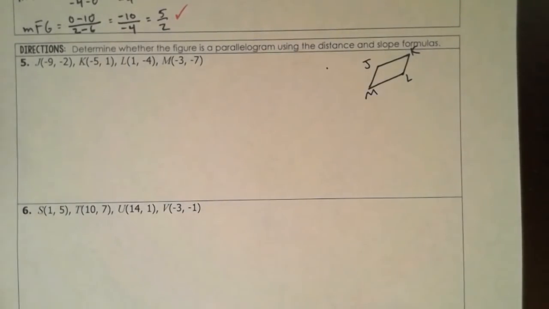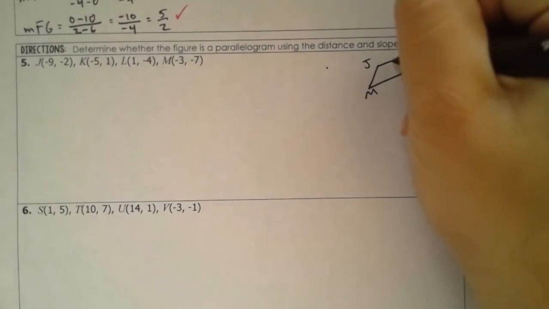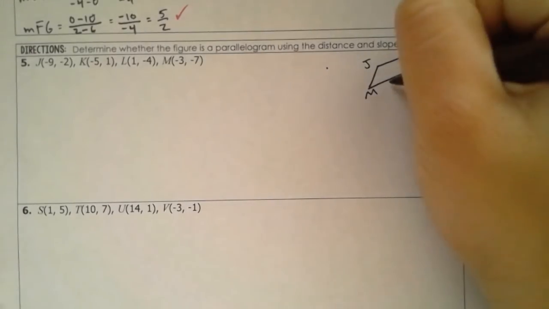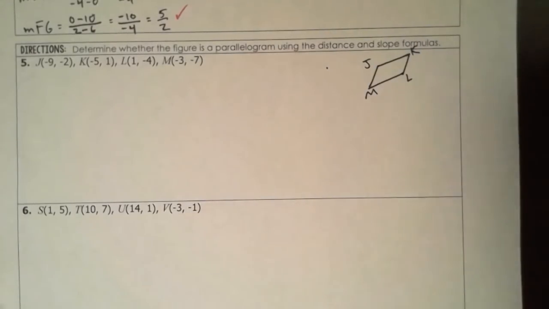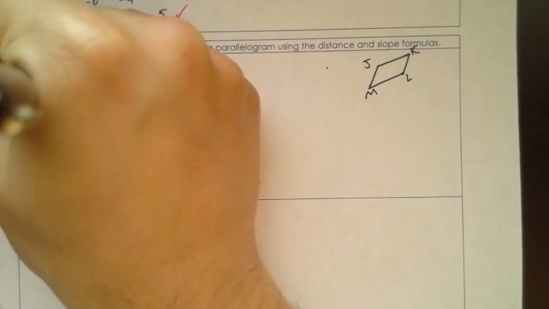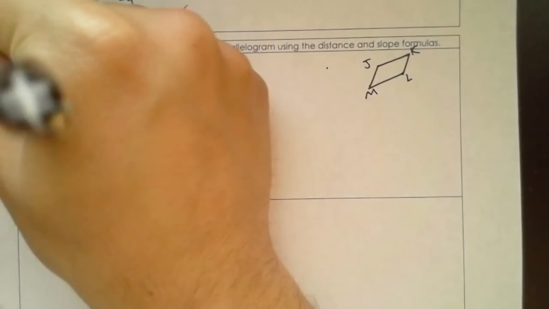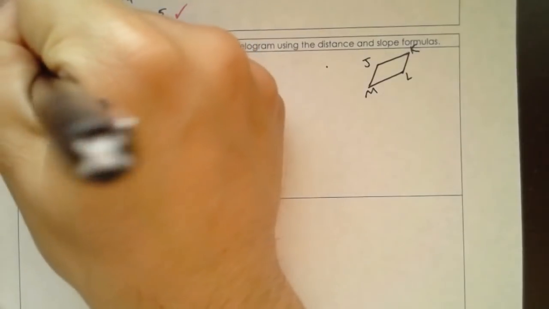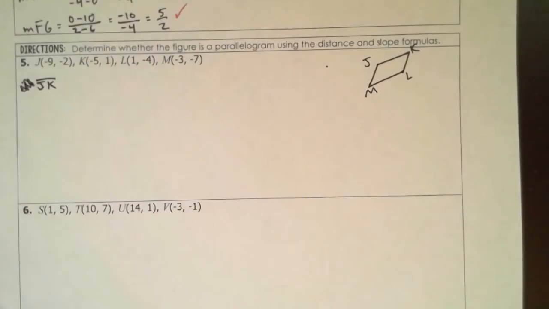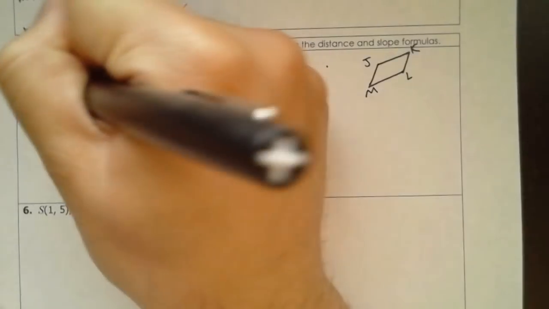So we got to show that JK is the same length as ML. So the distance, so JK, we use the distance formula.